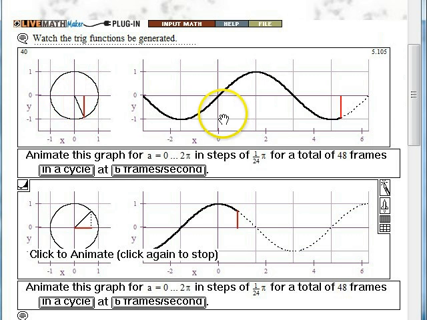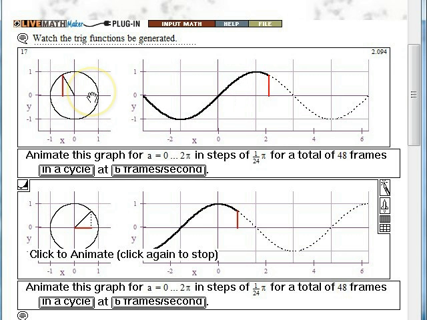And as the angle gets bigger and bigger, this slides further and further over, because the arc length that's being swept out there, which is equal to the angle, is the distance that I'm moving down this axis. The y-coordinate on this graph over here on the right is always equal to the y-coordinate on the unit circle as I'm spinning around. Hence, the y-coordinate over here is the sine of this angle over there.